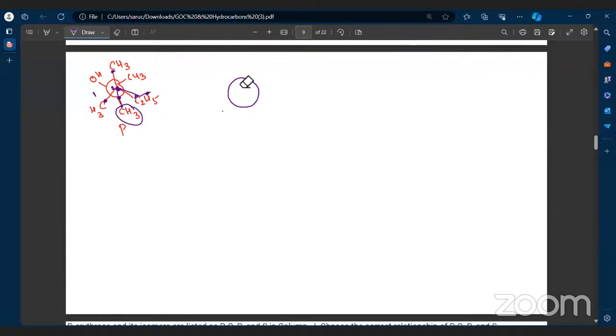If this is your parent, CH3 is the first carbon and this is your second carbon. You have the third carbon over here, and you have CH2, CH3. Now this is your parent. In the third carbon, you have 2 CH3. And OH is present on the second carbon.